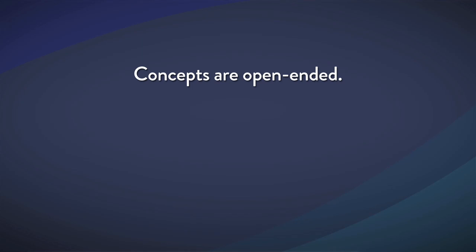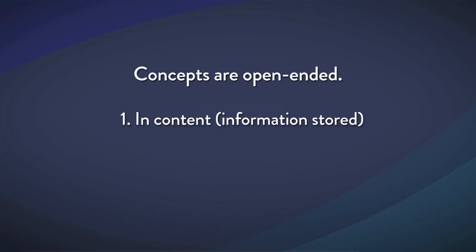The first crucial way is that it's open-ended in what you put into it, in the information stored. So you learn a new thing about cameras, and you put it up on the Wikipedia site. You learn a new thing about dogs, and you put it into your concept. You learn a new thing about concepts, and you put it into your concept.